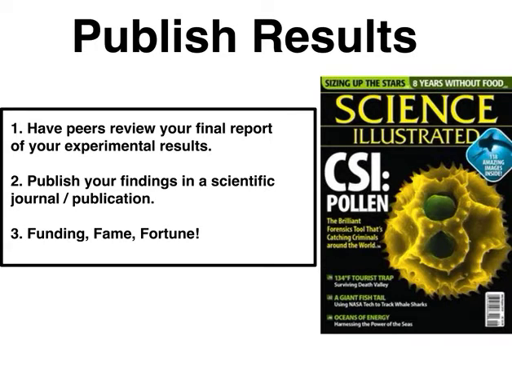The last step of the scientific method is to publish your results. You're going to have your peers review your final report and then publish them to a scientific journal or publication. So the more reputable your source is that you're published in, probably the more merit that your research is going to hold.